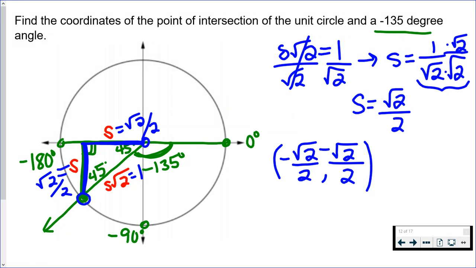Tangent is y divided by x, which is the same thing as sine divided by cosine. Well, in that case, we're just dividing negative square root of 2 over 2 by itself. Anything divided by itself is 1. So the tangent of negative 135 degrees is positive 1.